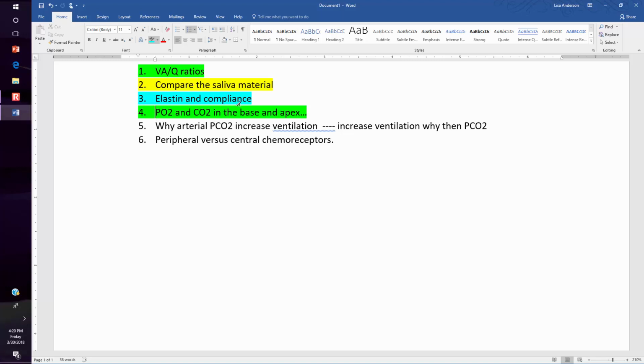Okay? If what they can blow out in 1 second is 4 liters, and we take the ratio of that, that's 80%. That's a nice percent FEV1.